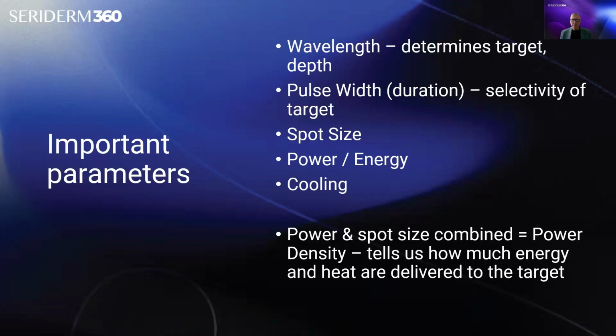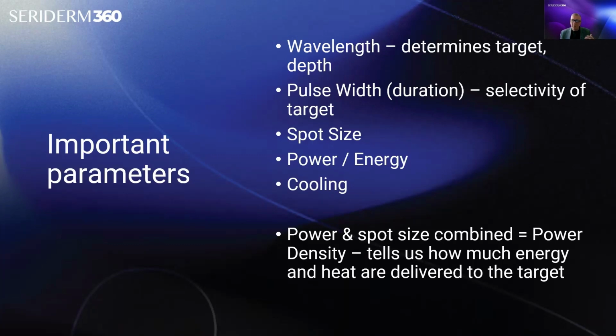So the important parameters, in order of importance: the wavelength determines the target, and if we're looking at color absorbing wavelengths, like we talked about in the last episode, it will determine the depth we're going to go to as well. And then we need to get the selectivity of the target, and we do that by pulse duration. Pulse duration is critical. We'll come on to it in a minute.